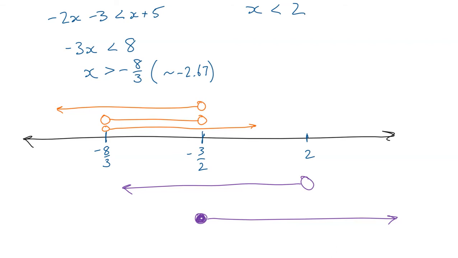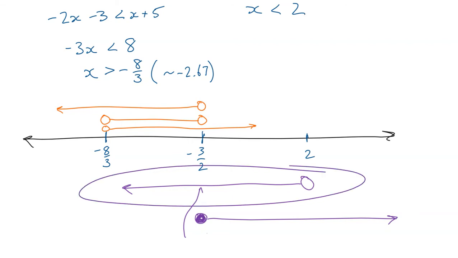So what is my solution? Well, this point is included here and also included there because that interval goes through it. -3/2 is in that interval.